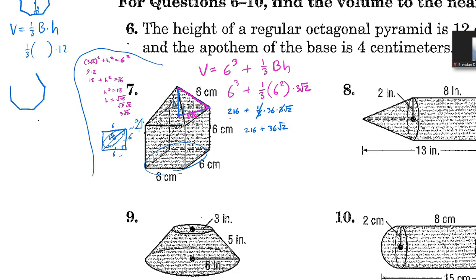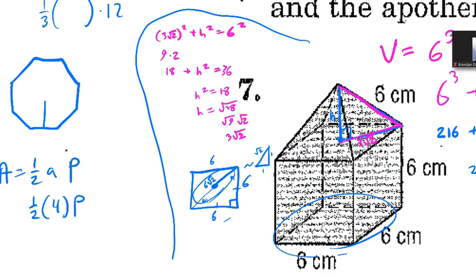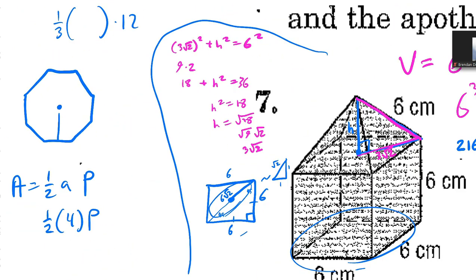So for the octagon, I'm going to do 1/2 apothem times perimeter because we already have the apothem. So it's 1/2 times 4 times perimeter, and all we need to do is find the perimeter. In this regular octagon, we cut it up, 360 divided by 8, and each of those is 45 degrees. Cut it in half, so each of these is 22.5.